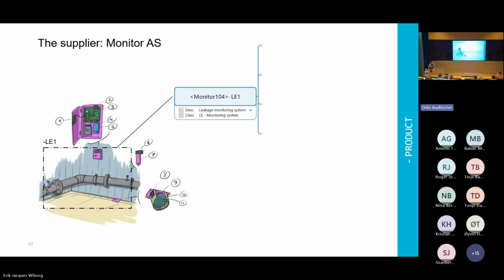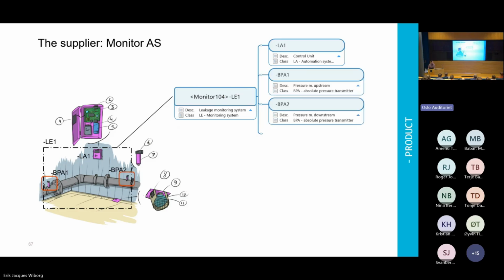So the monitoring system, here we have our 4 components. You have your control unit, we have the pressure sensors, and we have our level switch, the floater. 4 components, 4 products, makes sense. And then we'll have a look into this level switch and how it works.